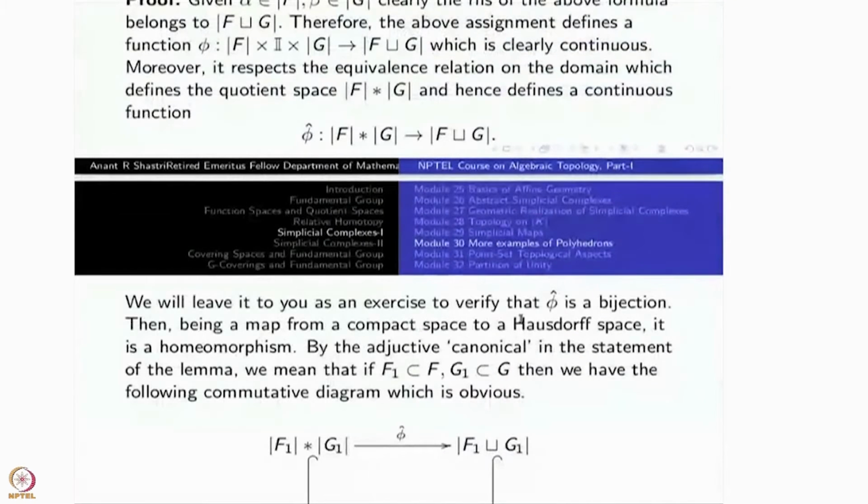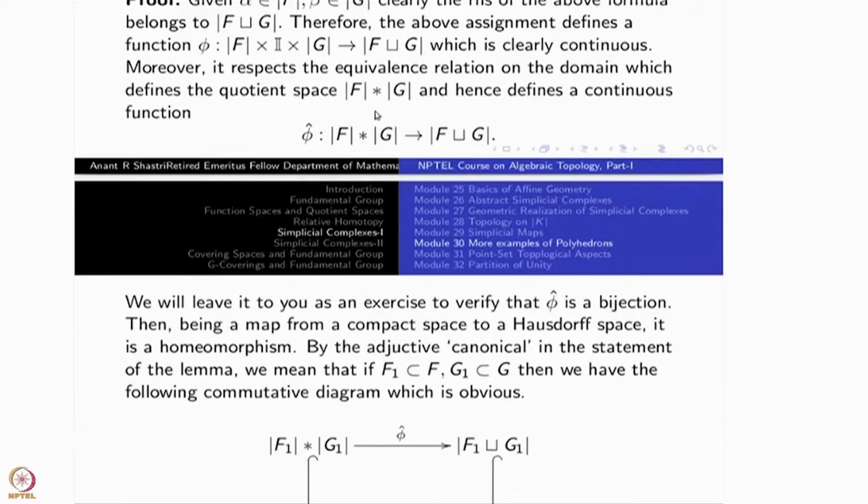So what I will now leave it to you is that this phi hat is a bijection. This is simpler than what we did last time, namely for delta n. So you can just verify it.